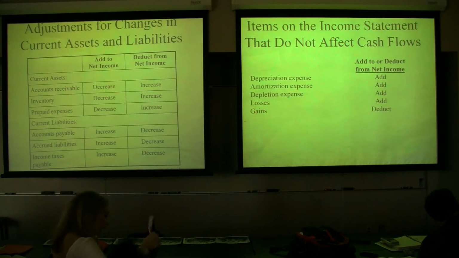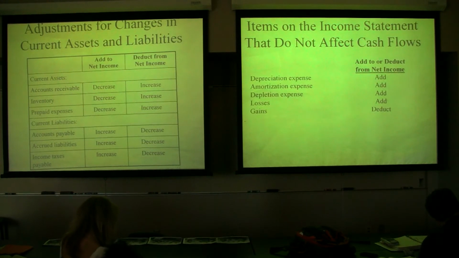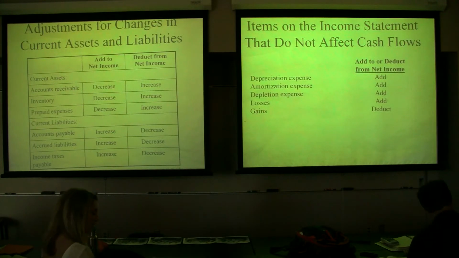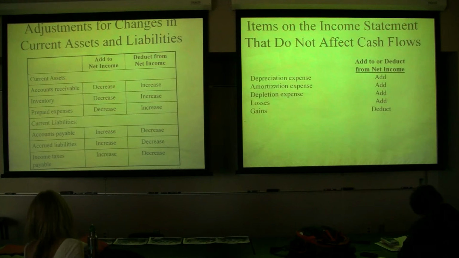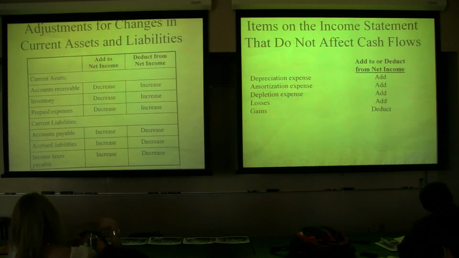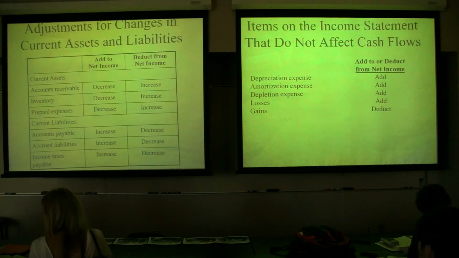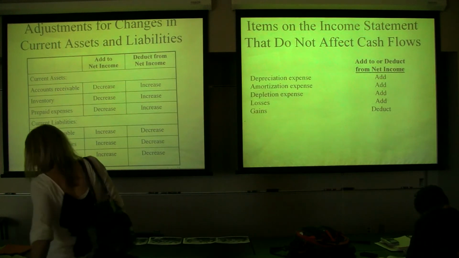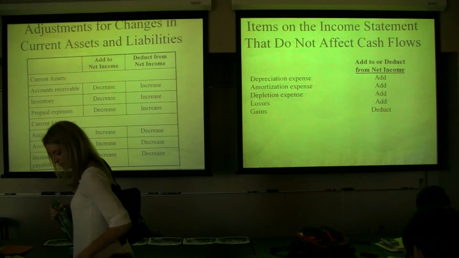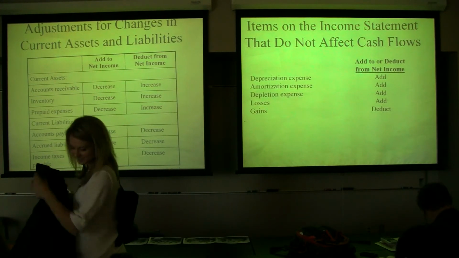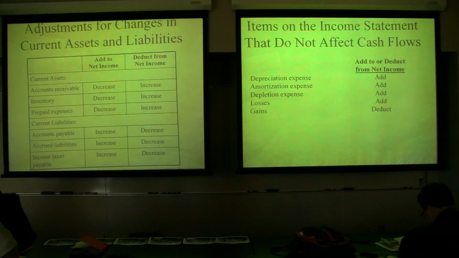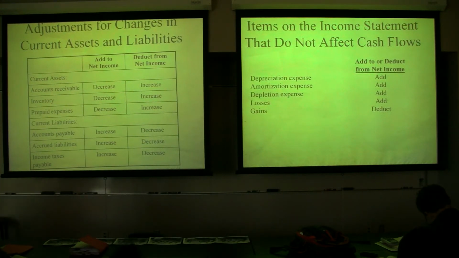Add in your depreciation expense, and subtract your fees. You can see right here both have been subtracted, and the gain has been added automatically. They were already subtracted out, so I added them back in.